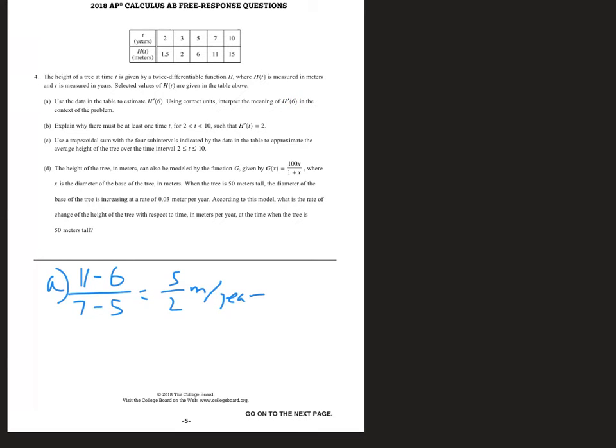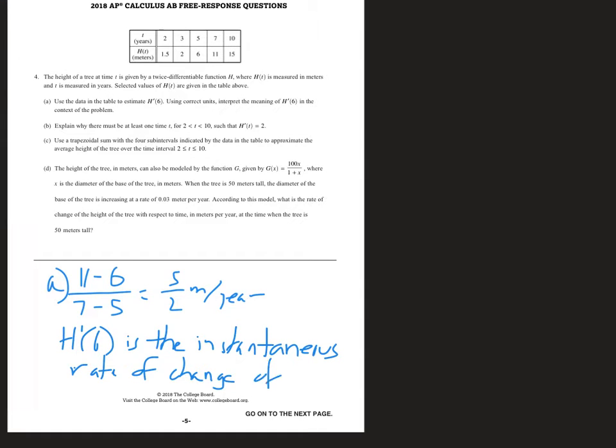And so that means h prime of 6 is the instantaneous rate of change of the height of the tree when t equals 6.